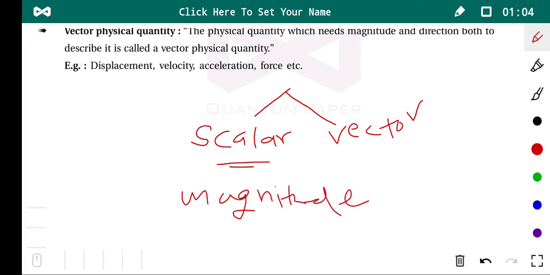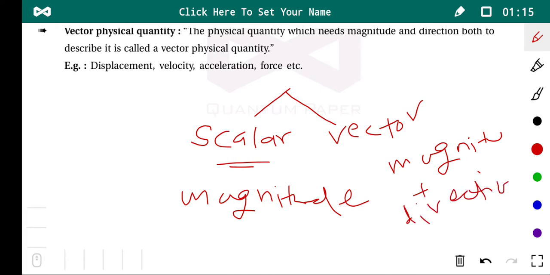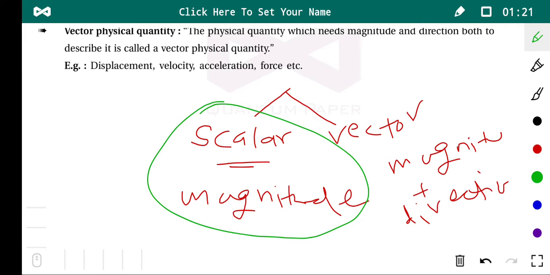And for a vector quantity we need magnitude plus direction. So a scalar quantity can be described only by a magnitude, whereas for a vector quantity we need magnitude plus direction also.